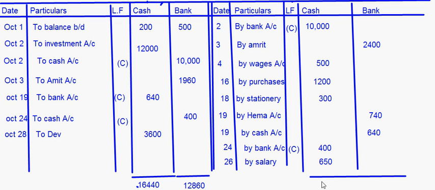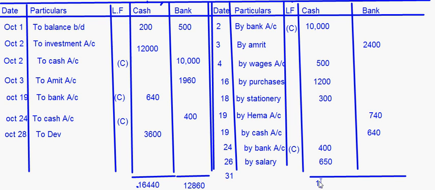Now look at this cash column here. At the end of the month, I'll find out the balances. If you add up 10,000 plus 500 plus 1,200 plus 300 plus 400 plus 650, it will be 13,050. So that is less than this, right?